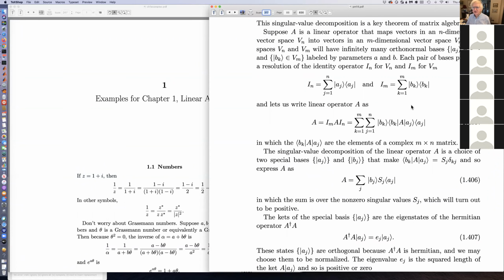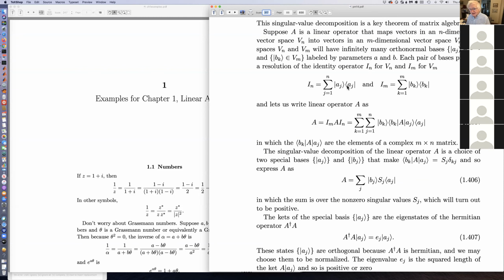To go on here, the idea is that A maps vectors in one vector space into vectors in another vector space. And in each vector space, we have infinitely many choices for the orthonormal basis that we use. For example, we can write the identity operator in the space Vn as an outer product of n orthonormal vectors.